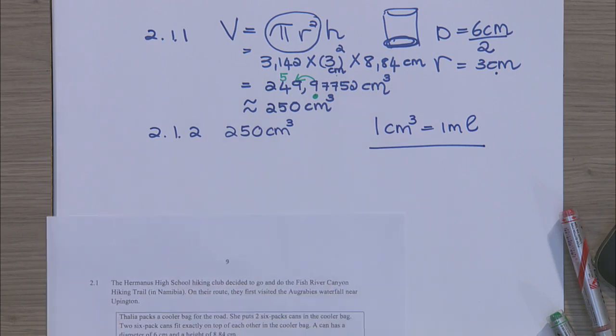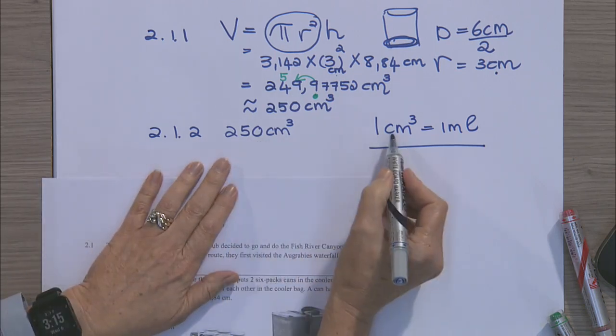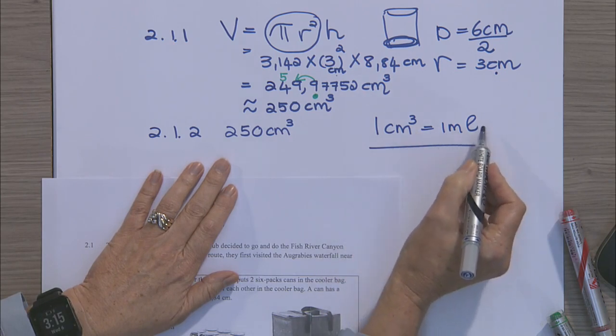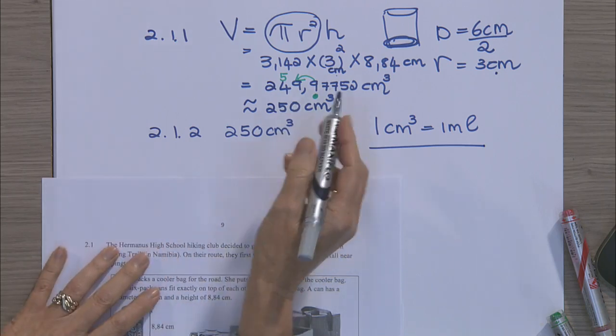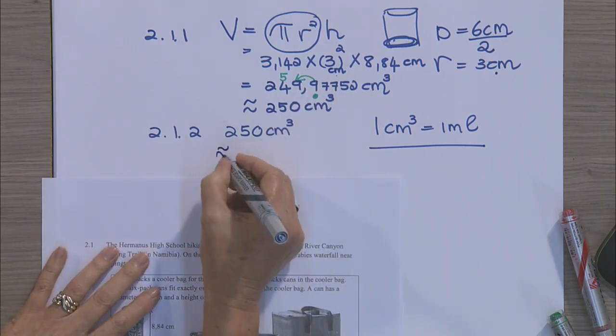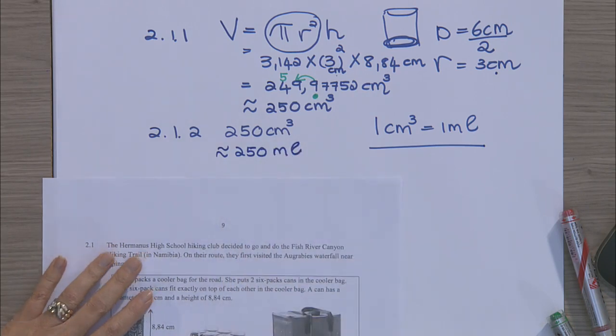So if they want me to convert this to milliliters, 1 centimeter cubed equals 1 milliliter, so 250 centimeters cubed will therefore also be 250 milliliters.